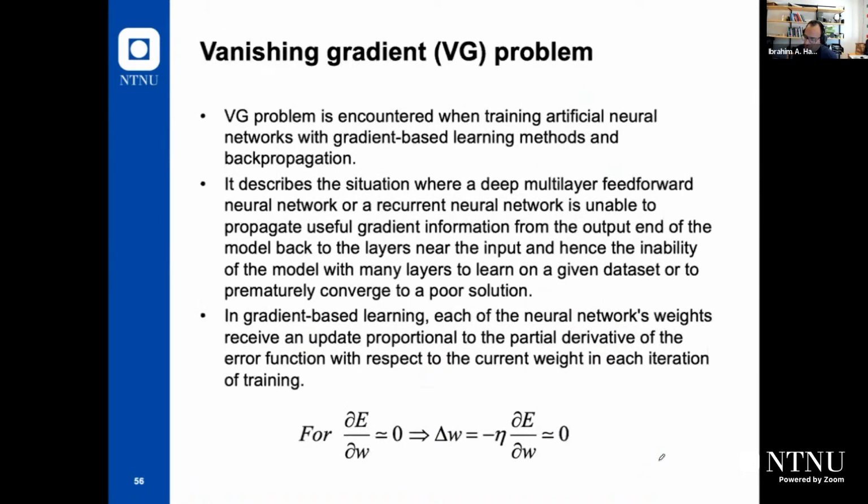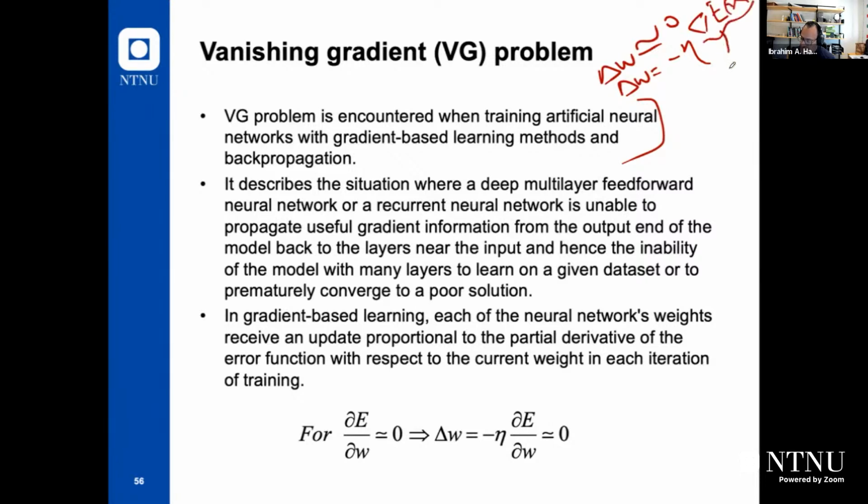So what is the vanishing gradient problem? Vanishing gradient is encountered when training artificial neural networks with gradient-based learning methods and backpropagation. Because in gradient-based learning methods and backpropagation, we calculate the gradient. And if this gradient is small, what will happen? Delta omega will be close to zero. Because delta omega equals what? Equals minus eta multiplied by the gradient.